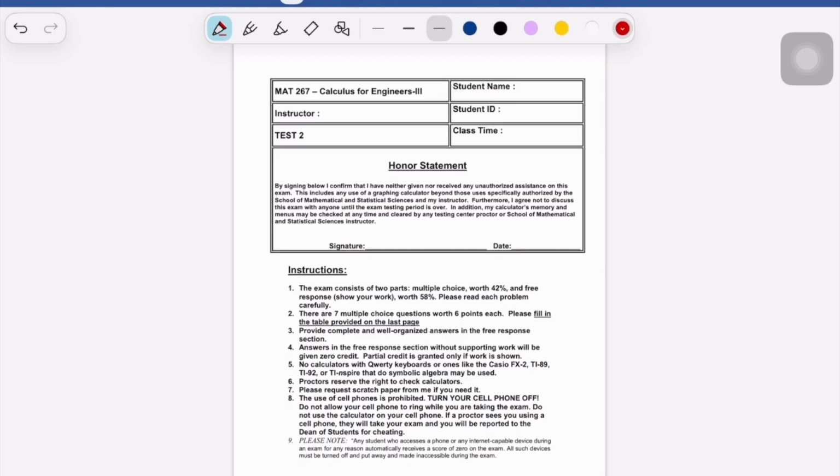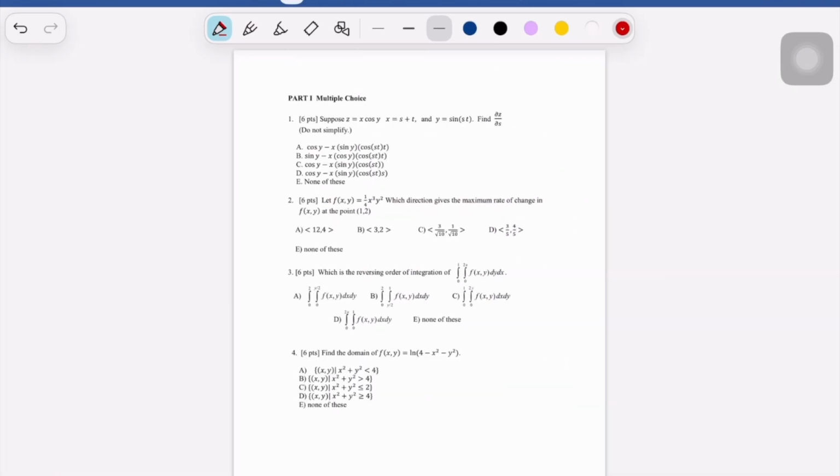I always like to start off by reading all the instructions on the exam, no matter how many times I've read them, because it's important to understand which problems you need to show work for and how to get partial credit by showing that work. Our first part is the multiple choice.